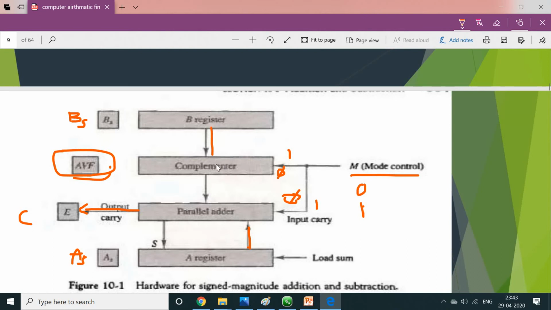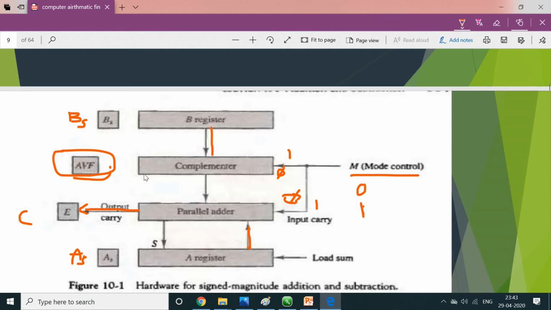That means the 2's complement values are output from the complementer. The parallel adder then adds the 2's complement of the B value and the A register values. Both are added in this parallel adder. After addition, is there any carry generated? That carry goes to the E bit. The E bit is simply called the carry flag bit.